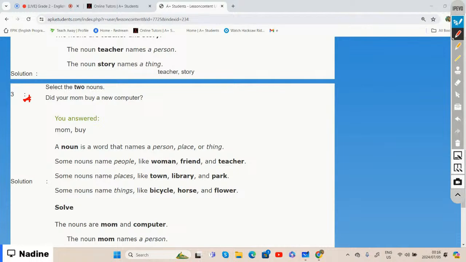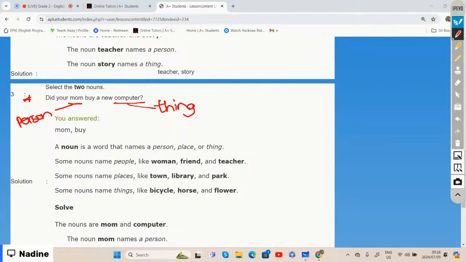If we were to identify the two nouns within that sentence, the one noun is mom and the other noun is computer. Mom names a person and computer names a thing, right?